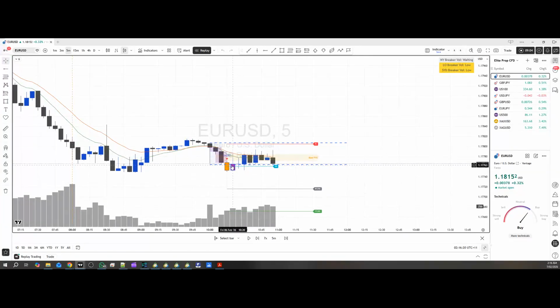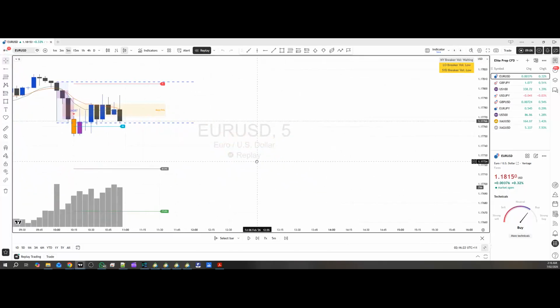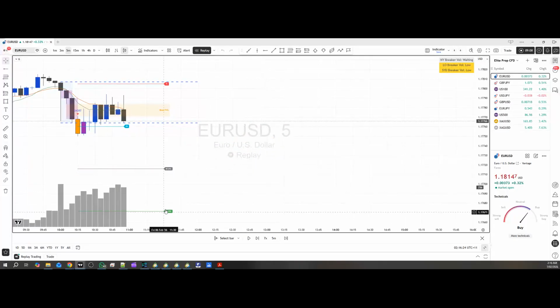Okay, so as you can see, these are the SL, entry, break even and take profit.